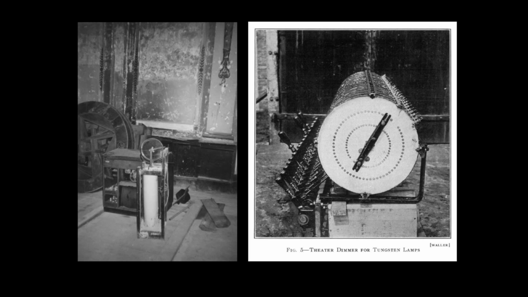This is probably more about switches and dimmers than you were prepared to know, but dimmers were a really interesting technology. What you see on the left is the first real electrical dimmer. It's a cylinder of salt water, and a big dial here, and then two electrodes that would control the lighting.